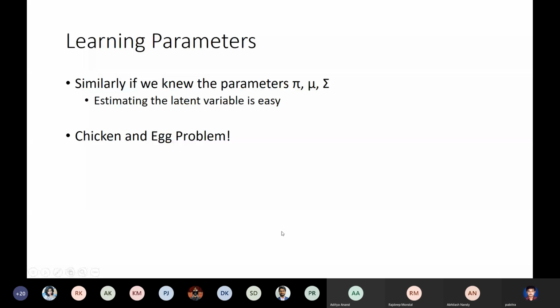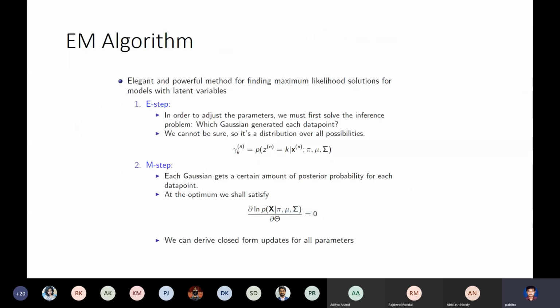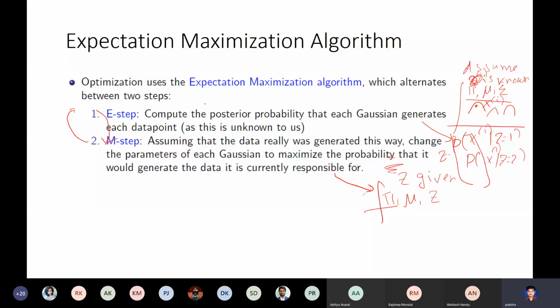And you repeat this over iterations. One thing we forgot to mention is that you have to initialize pi, mu, and sigma to some random or initial values.